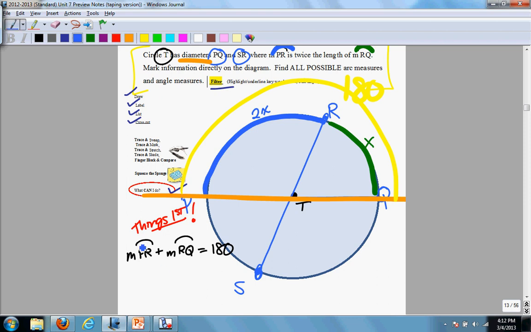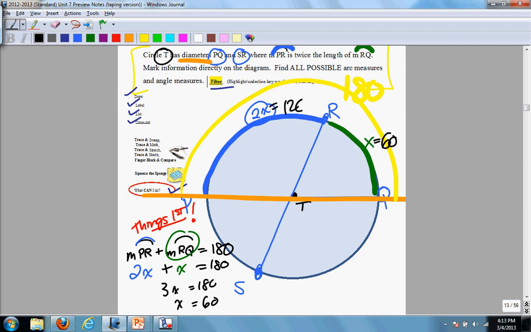And then we have P to R is 2X, plus R to Q is 1X, equals 180, and you solve here, and we get X, of course, is 60. That means R to Q is 60 degrees, and this is 120.